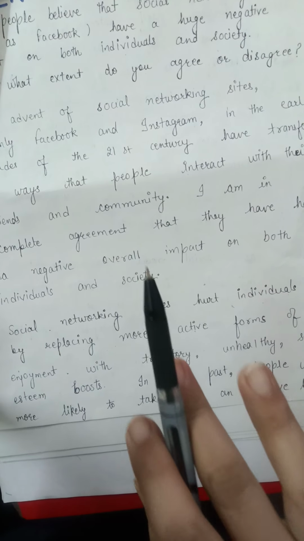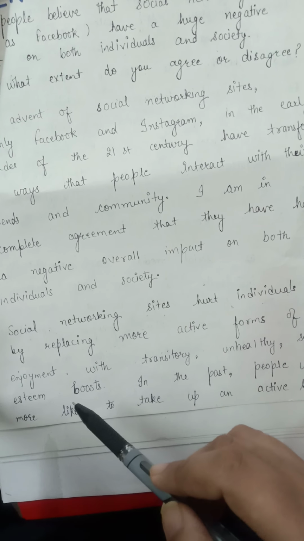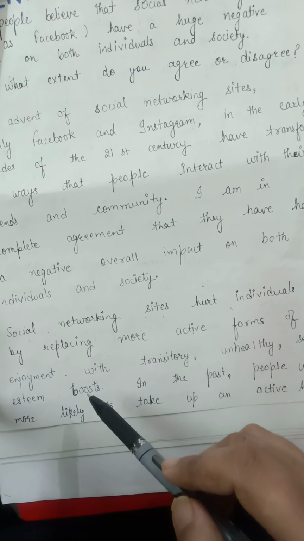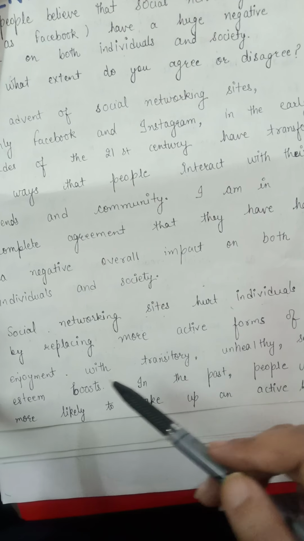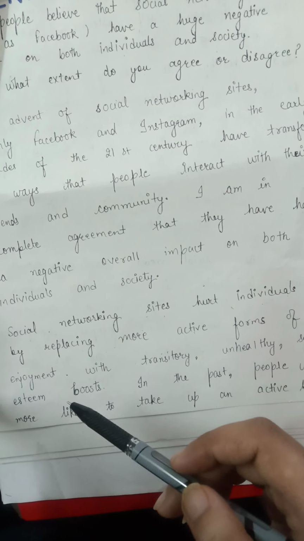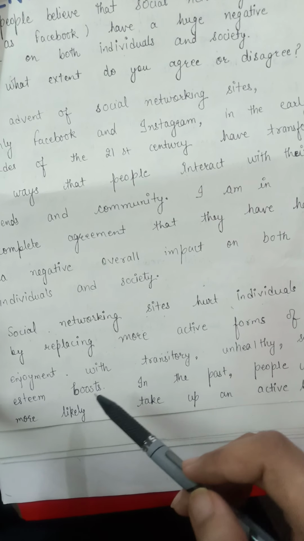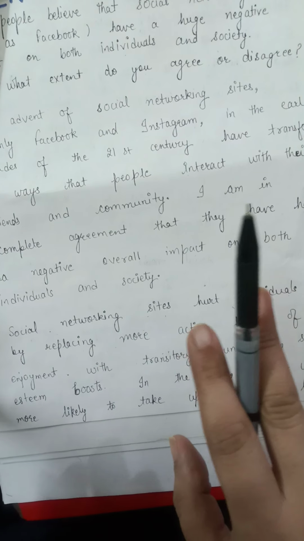For example, if somebody likes our selfie, what is this? This is a praise. We people get very happy. Oh, she liked my picture. So this is a temporary thing, temporary self-confidence which arises out of these sites.